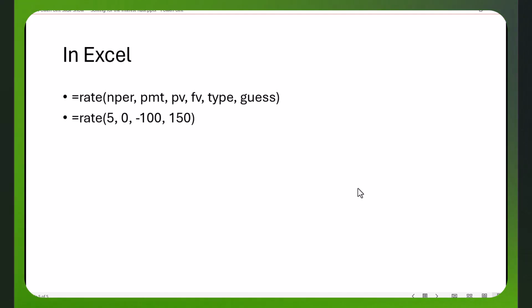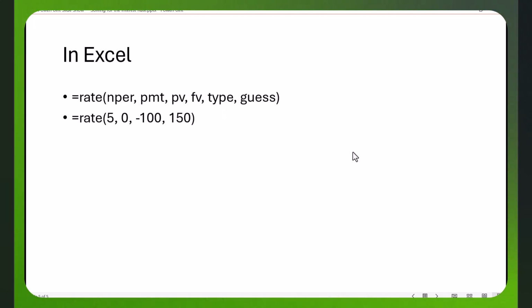Likewise, you can also do this in Excel. The Excel function is not called R, it's called rate, and the number of periods is not N, it's NPER. So it's going to be equal rate, and you don't have to remember in what order this is. When I go to Excel, it's going to tell you what comes next: number of periods, and then PMT, PV, FV, the type.